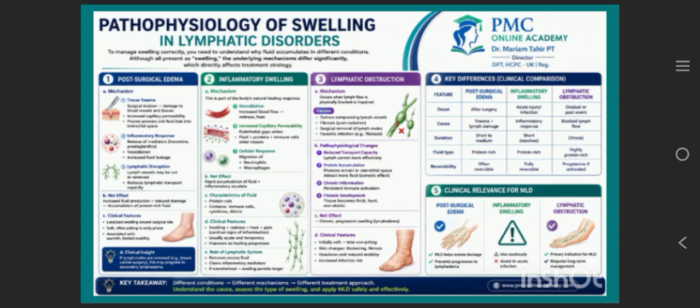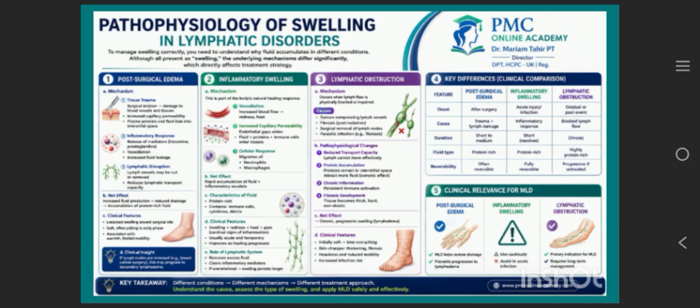The first point we will discuss in the pathophysiology of swelling in lymphatic disorders is post-surgical edema. We will look at the mechanism of post-surgical edema.